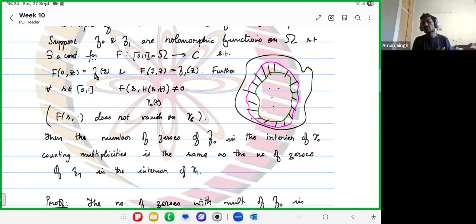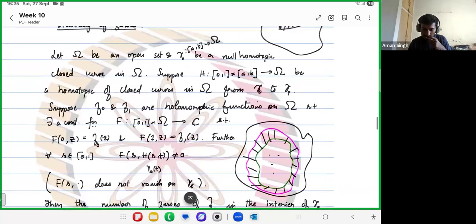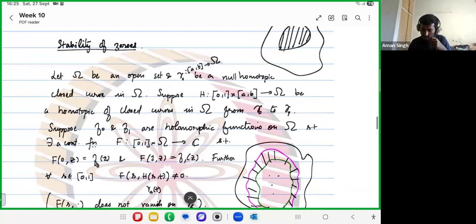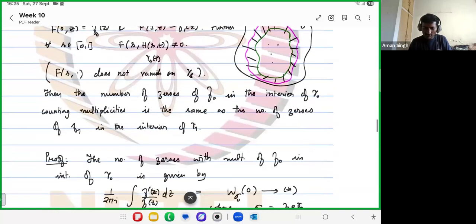So the number of zeros remains as in the original function if we perturb a little bit. So what is that perturbation? What is that condition? We can see here. The number of zeros in the interior, counting multiplicity, is the same.